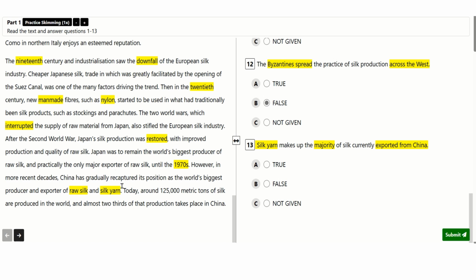Okay, they talked about two types of silk, but they said biggest while talking about both. So we don't know if the majority is silk yarn or raw silk. It is quite not clear because it's not mentioned there. So it should be not given.